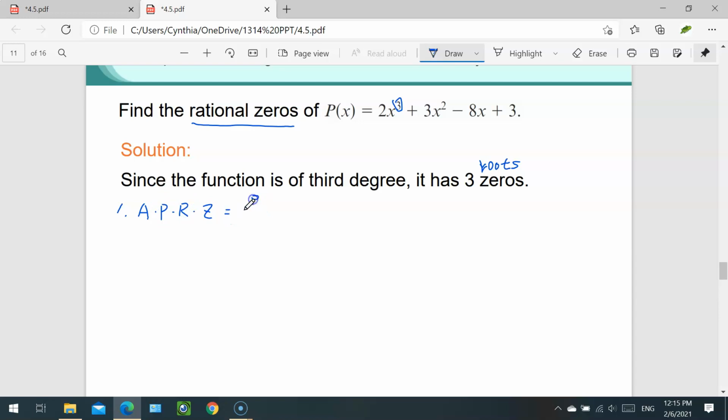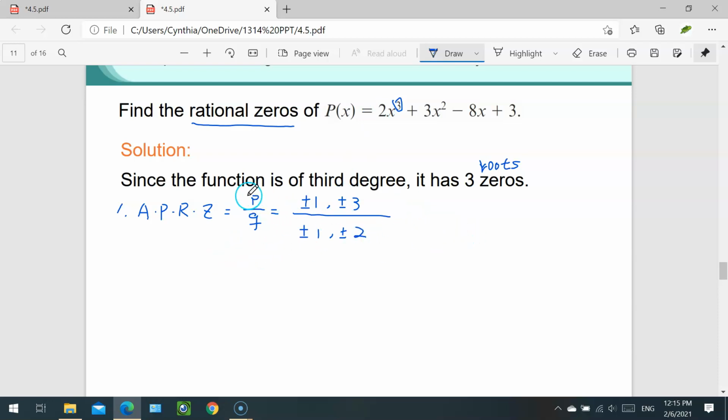It's coming from p over q. Now p is all possible factors of your constant term. The constant number is 3, so we know the possible factors would be 1 and 3. Over q, which is all the factors of the leading coefficient, 2, so the factors would be 1 and 2.